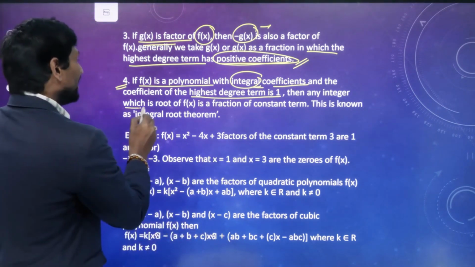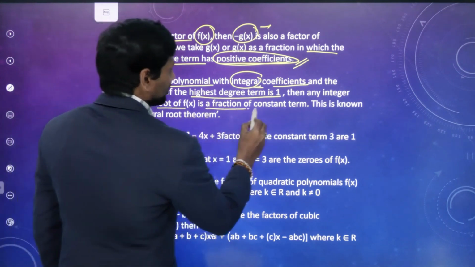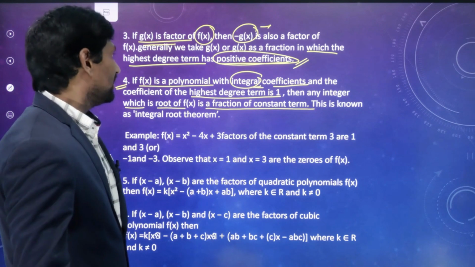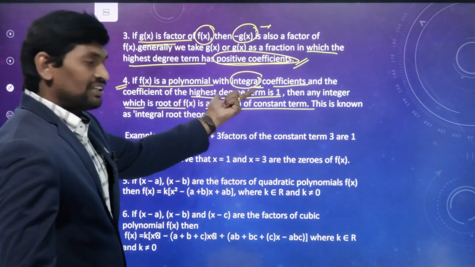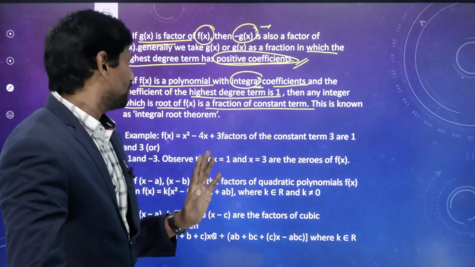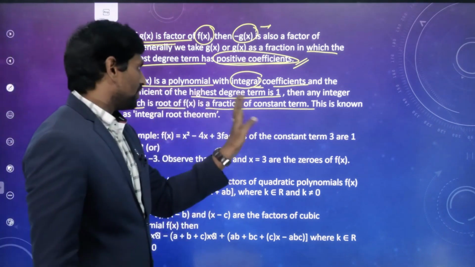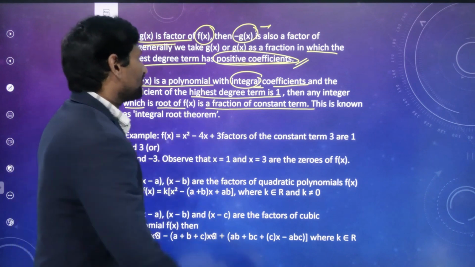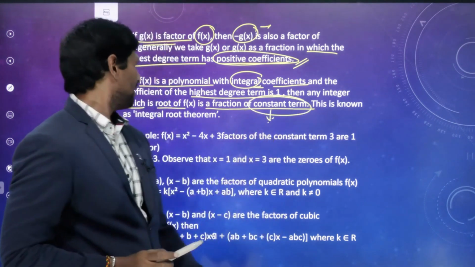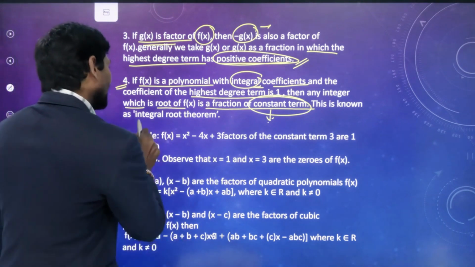Then any integer root is a factor of the constant term. That means a polynomial with integral coefficients, all of which must be integers whether positive or negative, and the highest degree coefficient must be 1. Then the root will be a factor of the constant term. This is known as the integral root theorem.